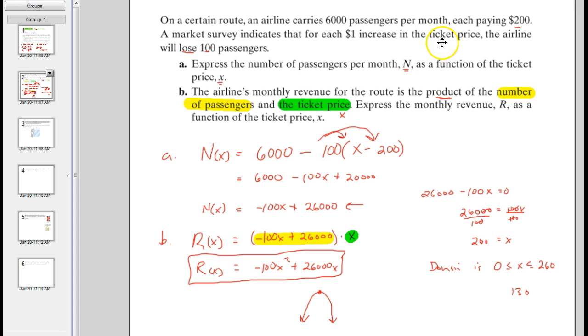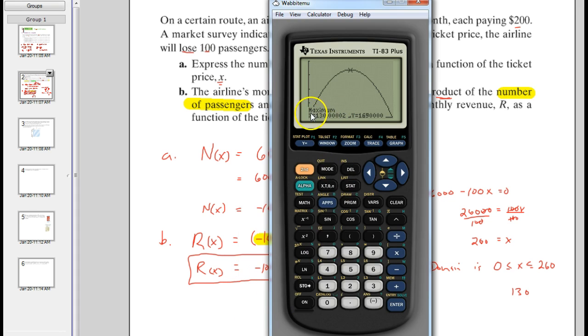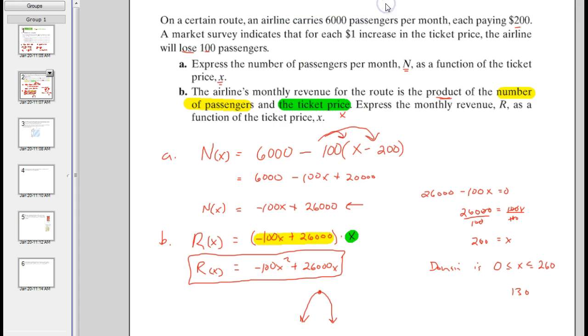And then once they realize that, they can make their model and determine what price to set. Once I have that maximum, this is the price I would set tickets to be to maximize revenue, as much money as I can make.